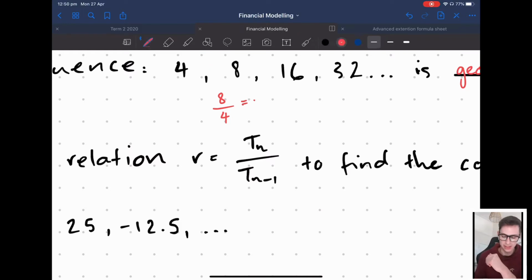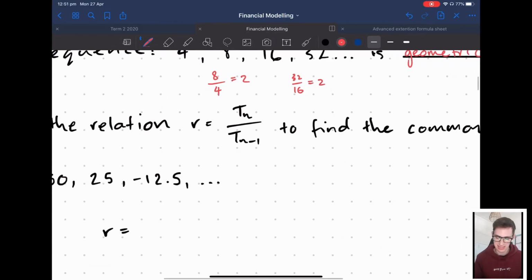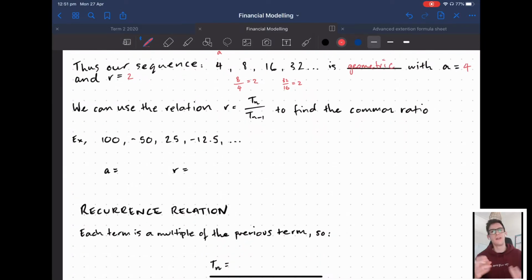So we get the answer 2, and you could do that for any sequential terms. If we grab 32 over 16, same deal, you still get 2. So that's the formula for finding the common ratio: grab a term, divide it by the term before it.